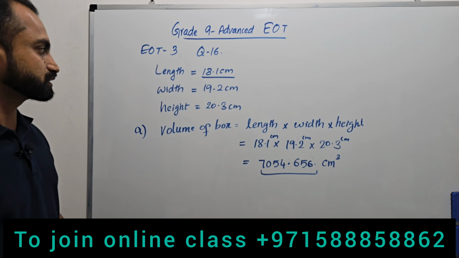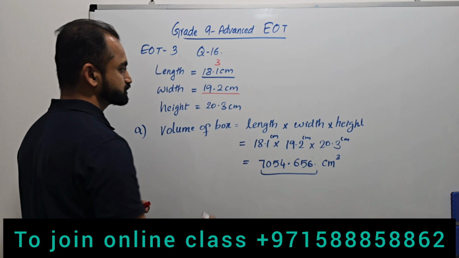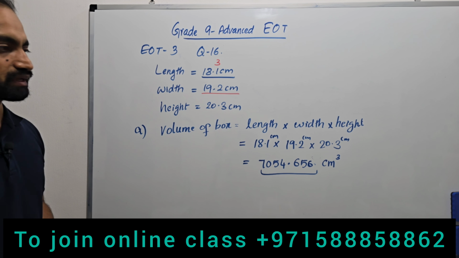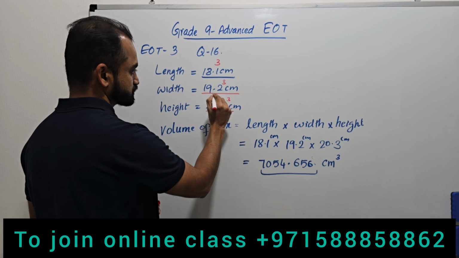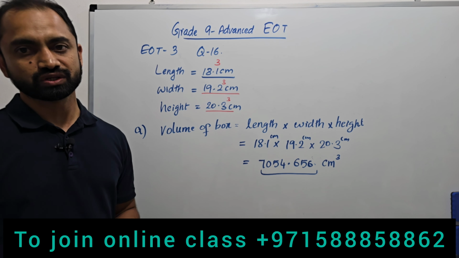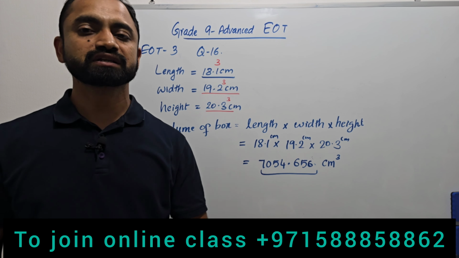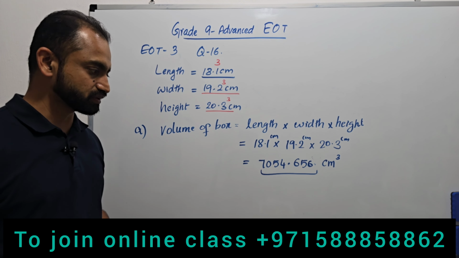Very good, 3 significant figures. In 19.2, also 3. In 20.3, significant figures is 3. So we need to round the answer to 3 significant figures.